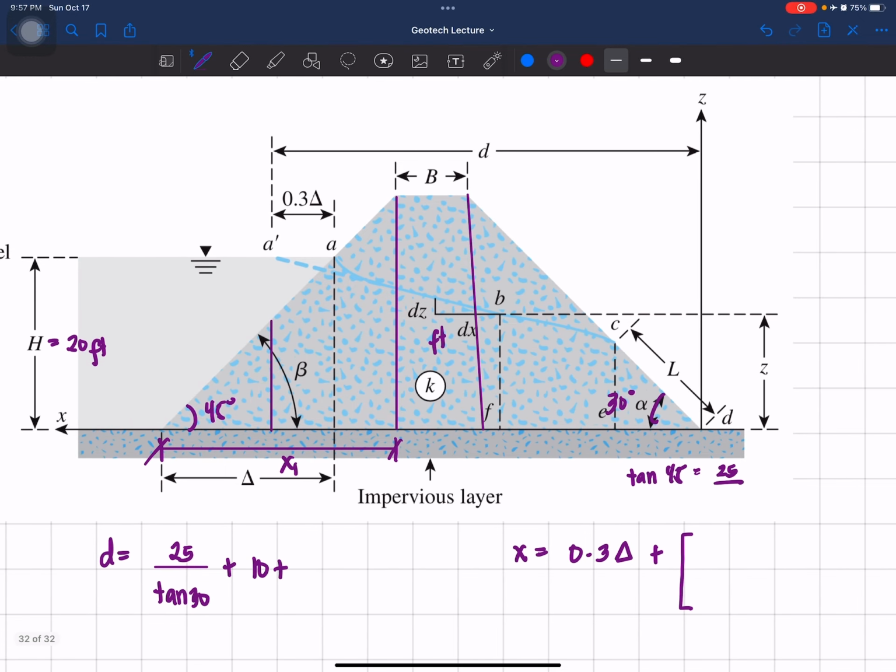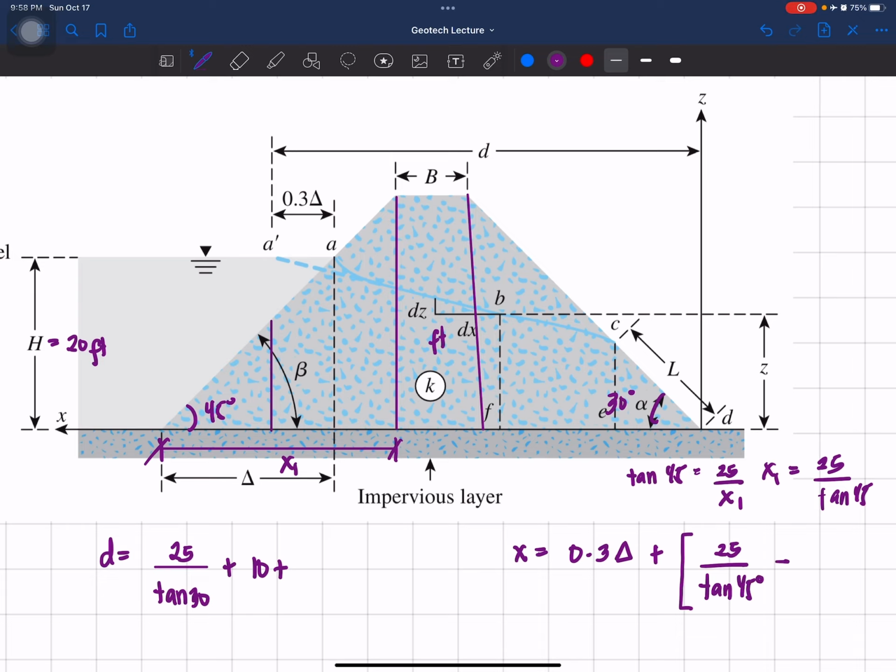So tangent 45, tangent of this is equal to opposite all over the adjacent. So that your x1 distance now is actually equal to 25 all over tangent of 45. Okay, so that's 25 all over tangent of 45 degrees.